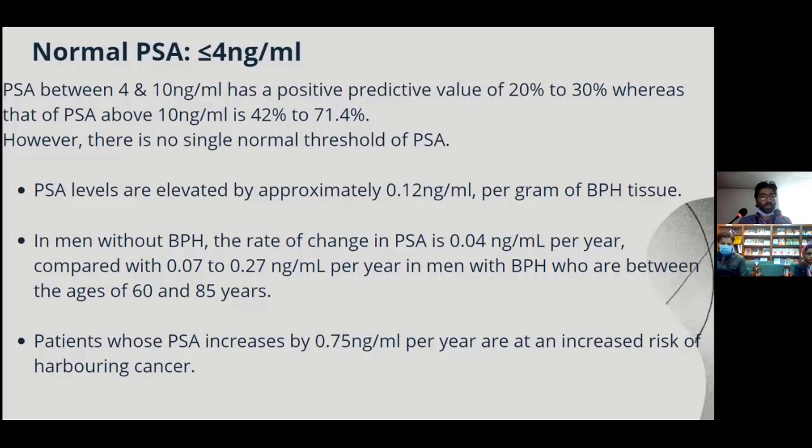In men without BPH, the rate of change in PSA is 0.04 nanograms per ml per year, compared with 0.07 to 0.27 nanogram per ml per year in men with BPH who are between the ages of 60 and 85. Patients whose PSA increases by more than 0.75 nanogram per ml per year are at an increased risk of harboring cancer.